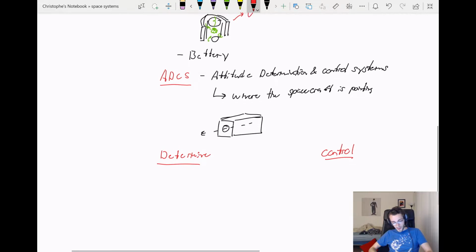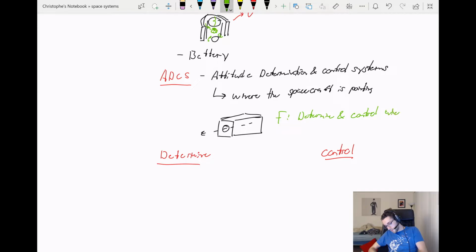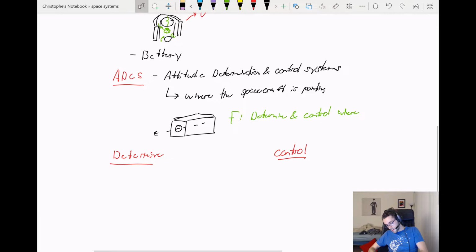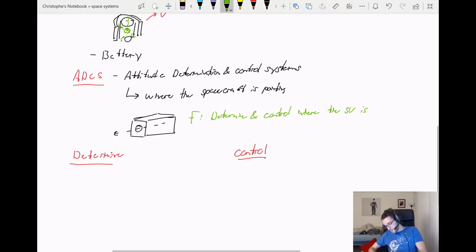So ADCS function is to determine and control where the space vehicle is pointing, and I will also add that you can also control how fast your vehicle is rotating about a certain axis or a set of axes.